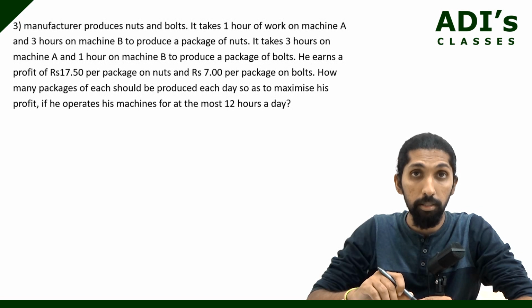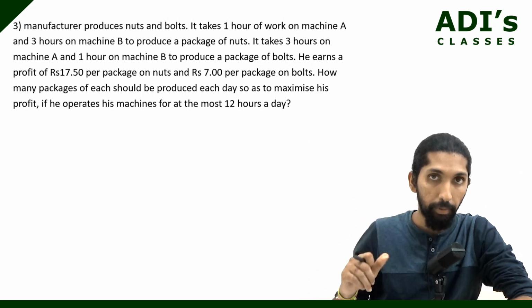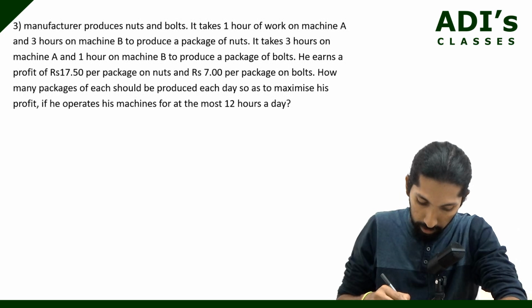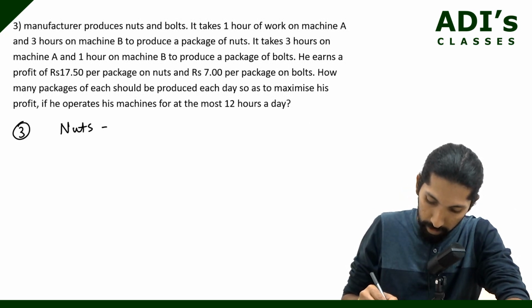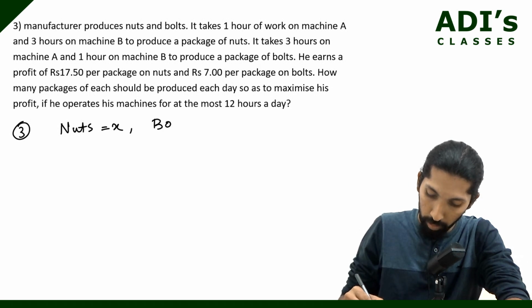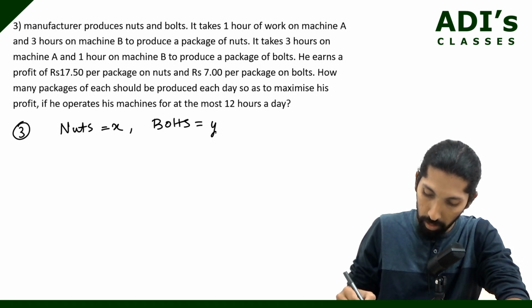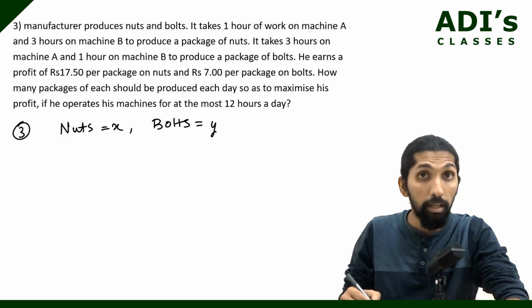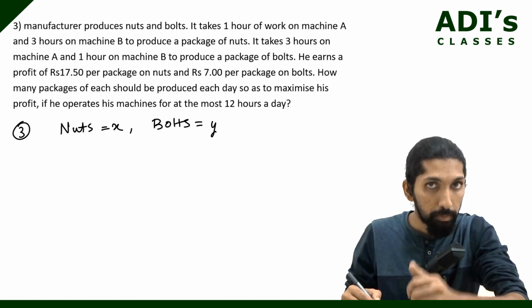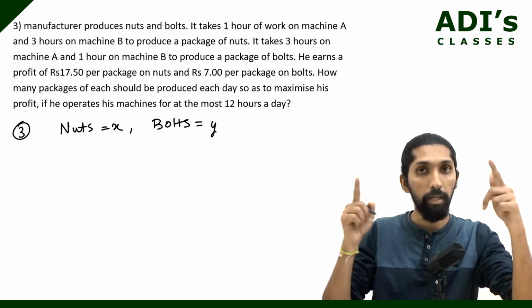First, we'll define the variables. That is our first step. So let the number of nuts be x and the number of bolts be y. Very simple. Now let's make a table just like what we did in the previous problem. We'll make a nice table.